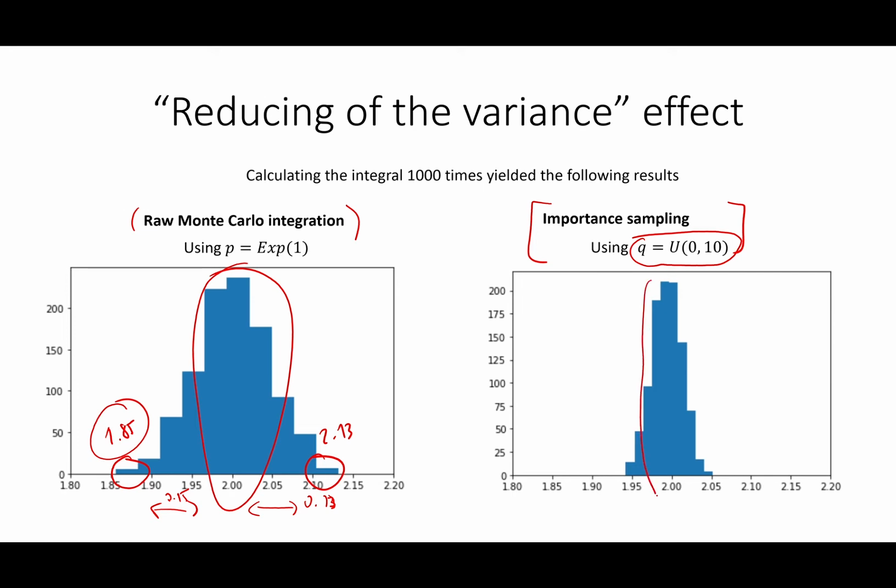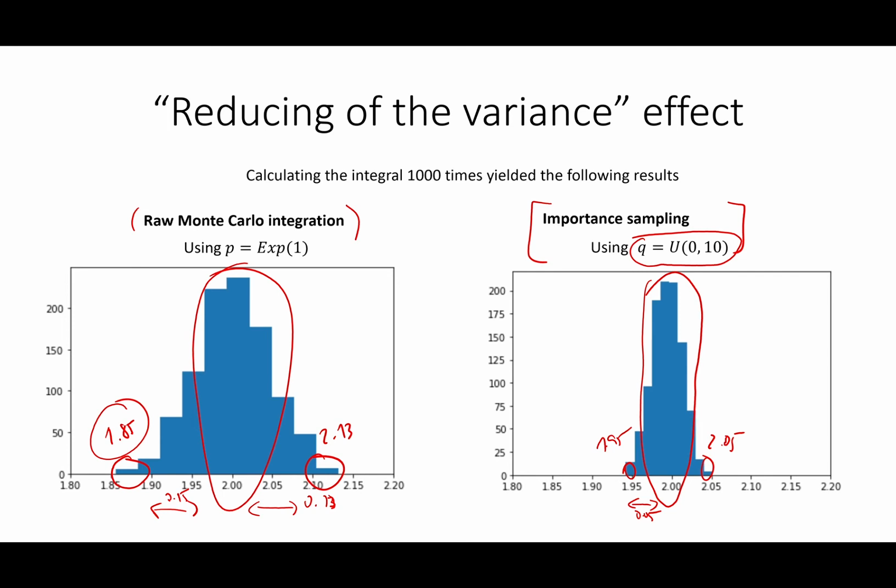I was getting results around 2, sometimes 1.95, sometimes 2.05, but the variance was like 0.05, which is much better. It's like 3 times better than this 0.15 on the raw Monte Carlo integration.